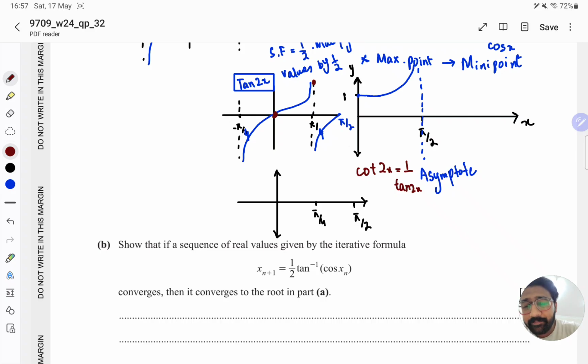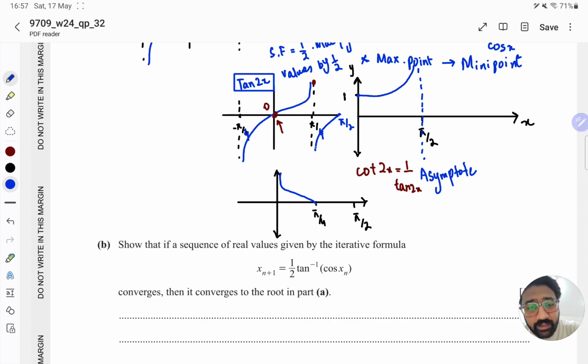So over here in the start, at this place, the value of x is 0. So 1 over 0 will be infinity. At the start it is going to be at infinity, and as it approaches towards pi by 4, it is going to be 0.